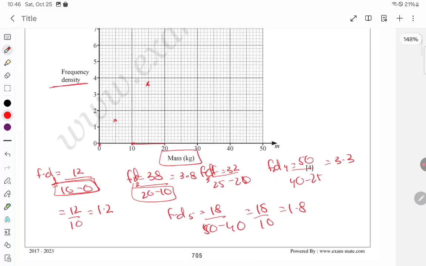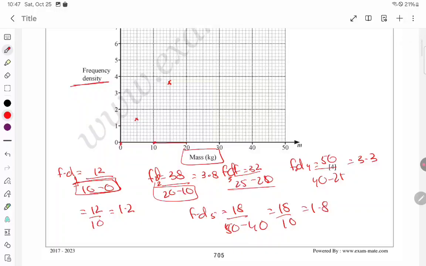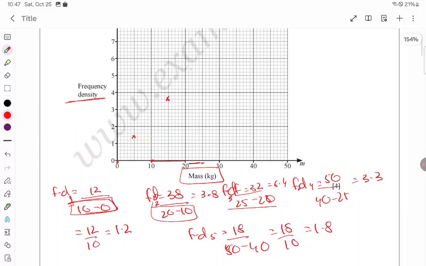And for 20 to 25 in this region, it will give you 6.4, 32 over 5 for 6.4, right here.